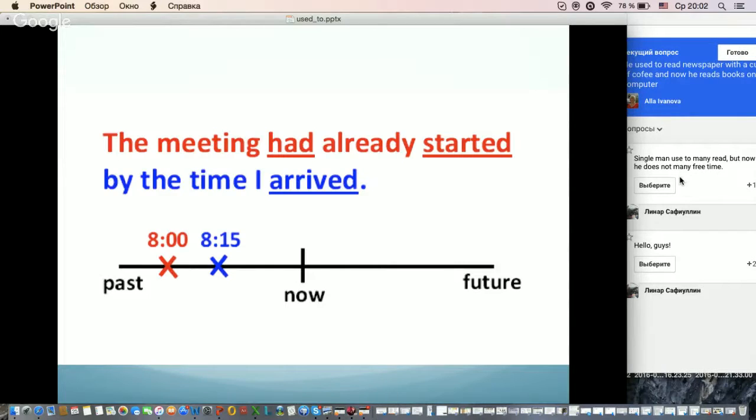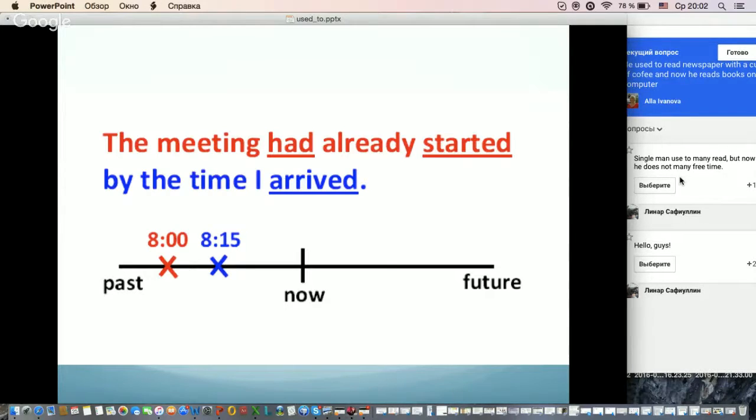All right, let's have a look at some more examples. The meeting had already started by the time I arrived. То есть к тому времени, как я приехал, встреча уже началась. Таким образом, у нас есть два действия, прошлое и предпрошедшее действие.